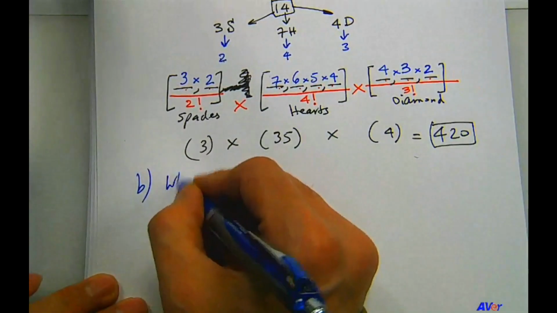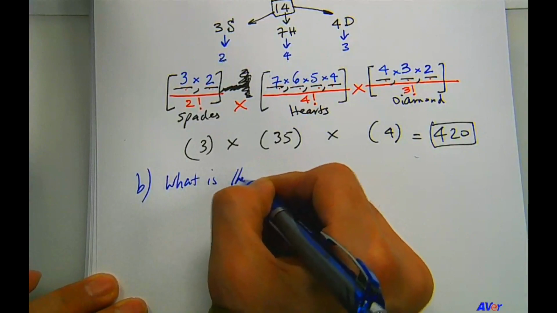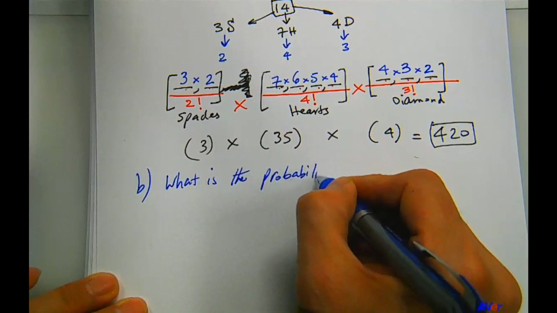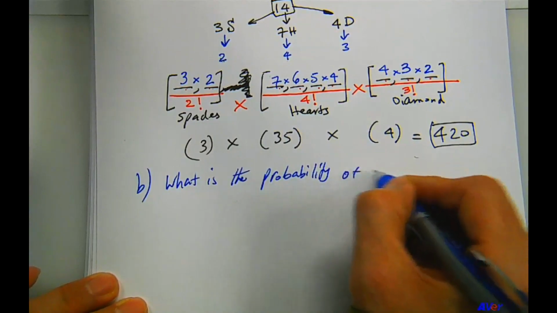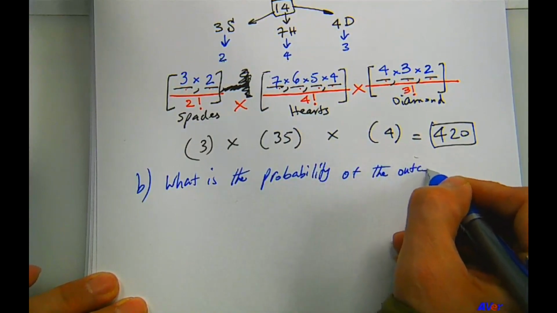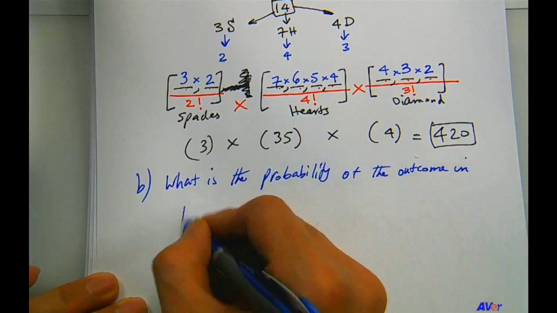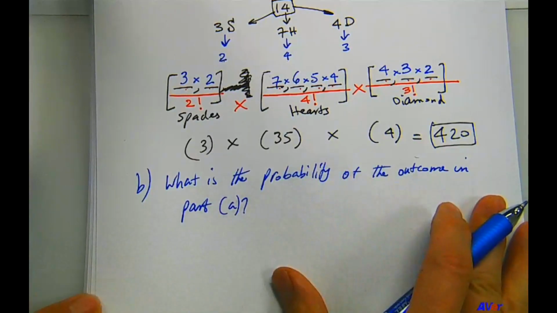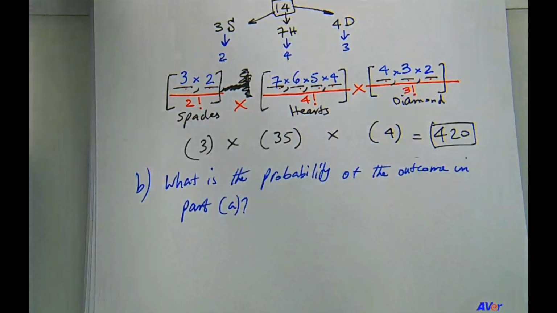So what is... Okay, so this 420 is the number of desired outcomes, right? To find the probability of this, we need to divide that by the number of total possible random outcomes.